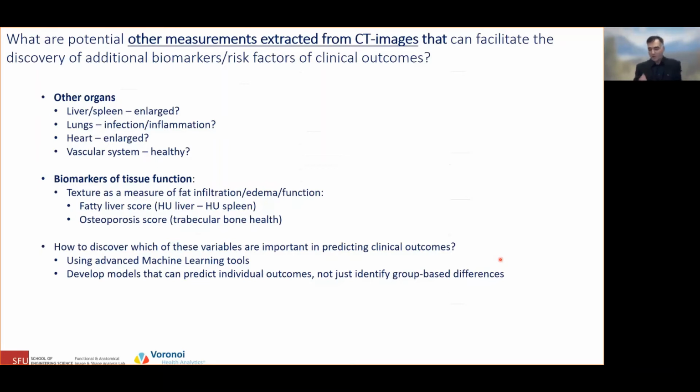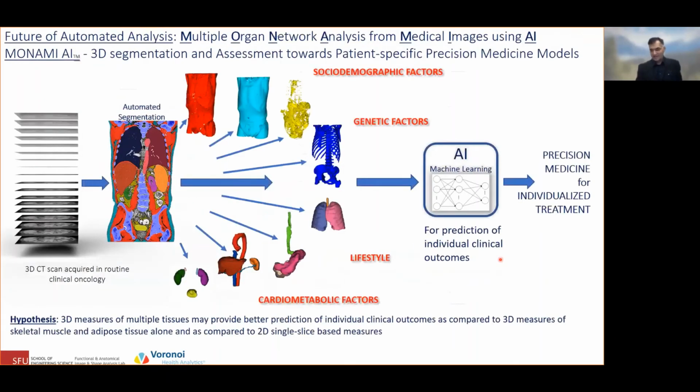So how do we discover which of these variables are important in predicting clinical outcomes? Well, machine learning is our recourse, and that will allow us to develop models that can predict individual clinical outcomes, not just identify group-based differences. This is, as I see it, the future of automated analysis, multiple organ network analysis from medical images using AI. A CT image is acquired and automatically segmented.